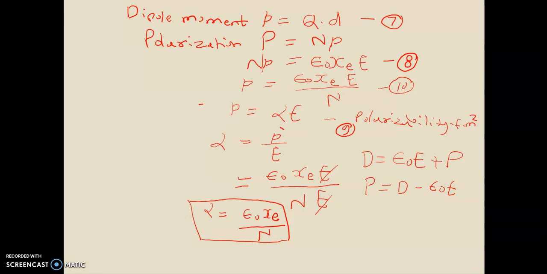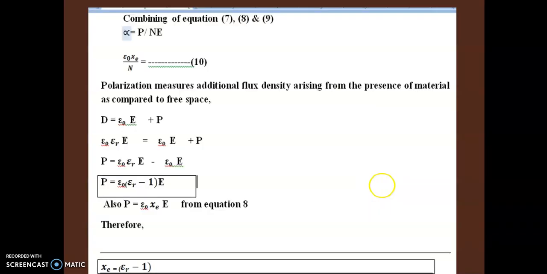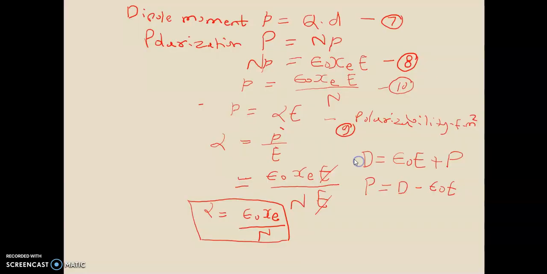First, D is equal to epsilon 0 epsilon r into E. So this will be epsilon 0 E plus polarization P. Polarization will be equal to, taking it to the left hand side, epsilon 0 epsilon r into E minus epsilon 0 into E. That will be polarization.